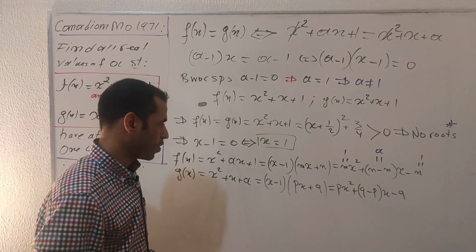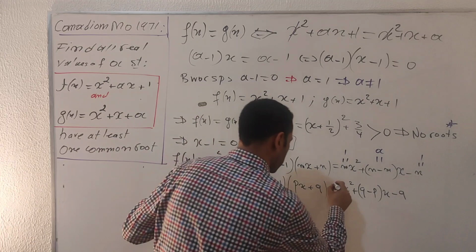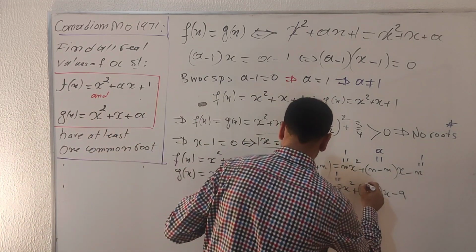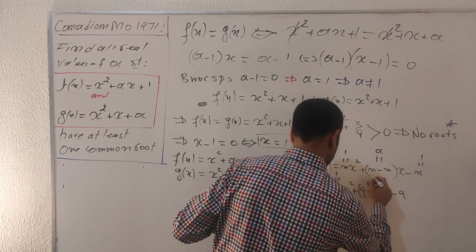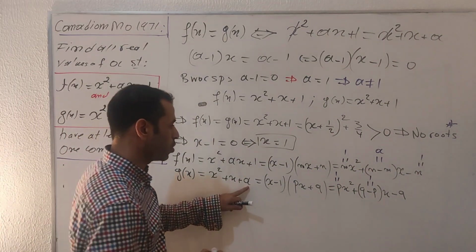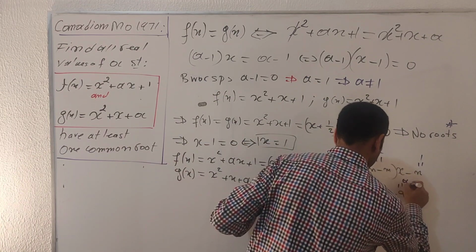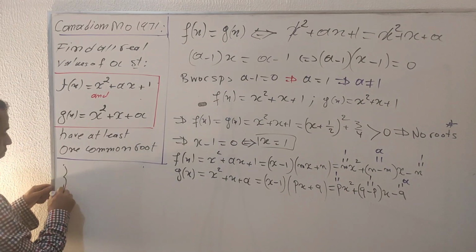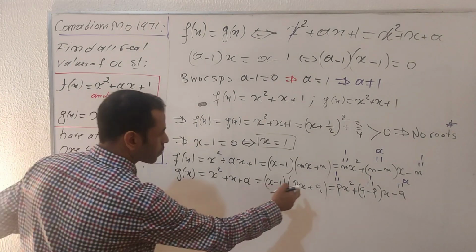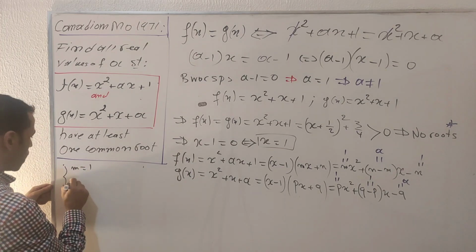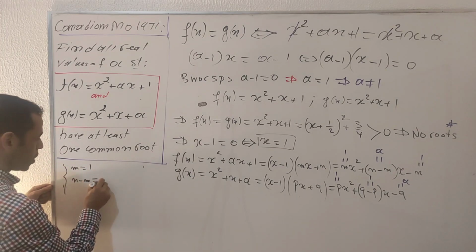For the second function, p equals 1 and q minus p equals 1, because we have the coefficient 1 here. For the last term, a equals q. Now I will have two equation systems. The first system involves m equals 1 with n minus m equals a.